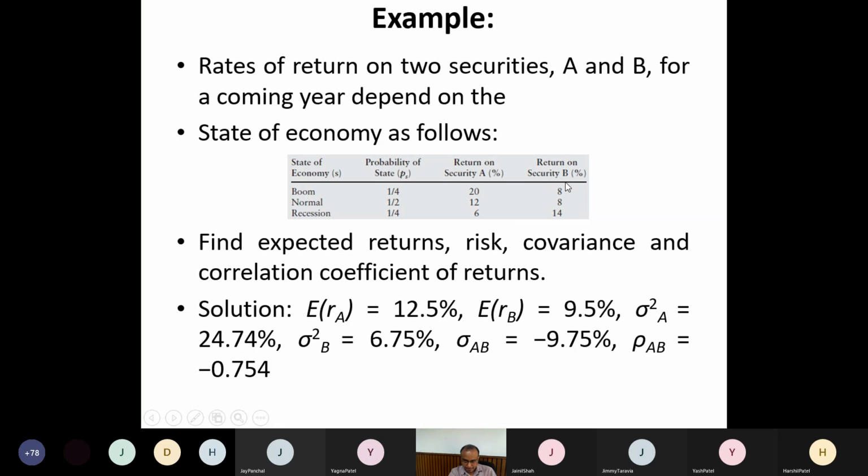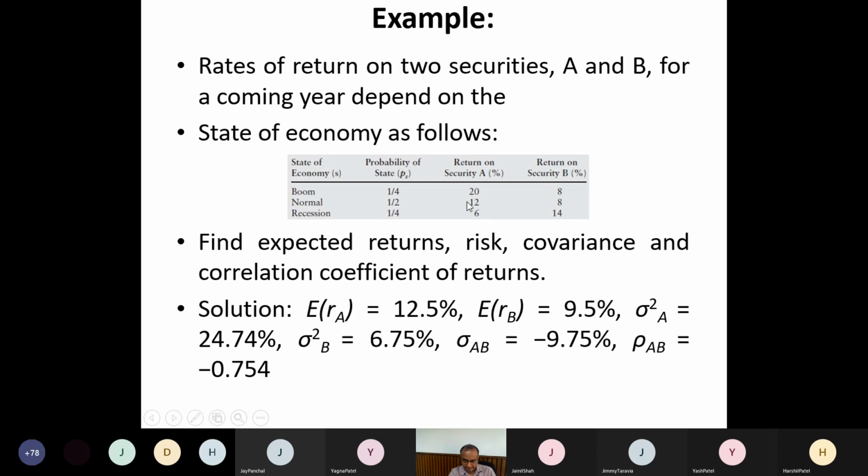The return of security B in the three conditions is 8, 8, and 14. The security has no change if it is boom or normal, but it gives high return in recession. So that is the return on security B.